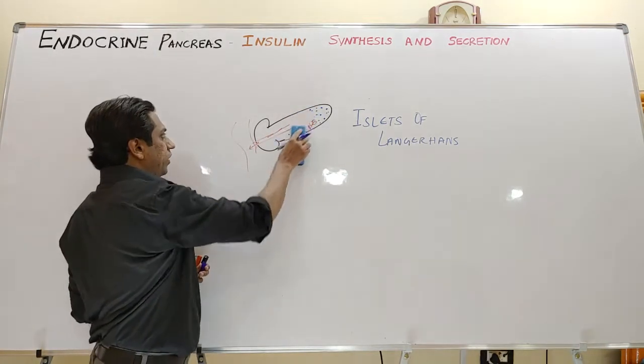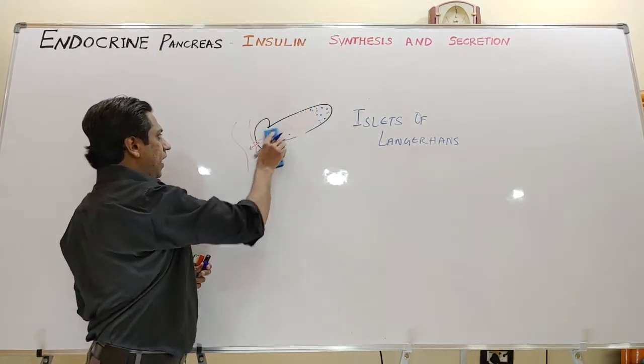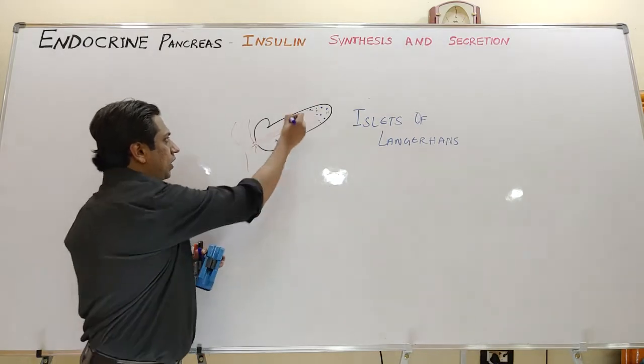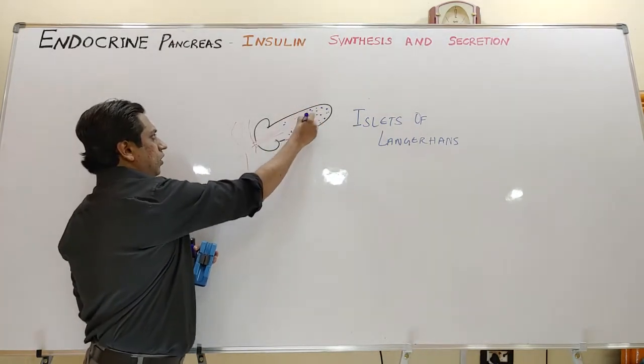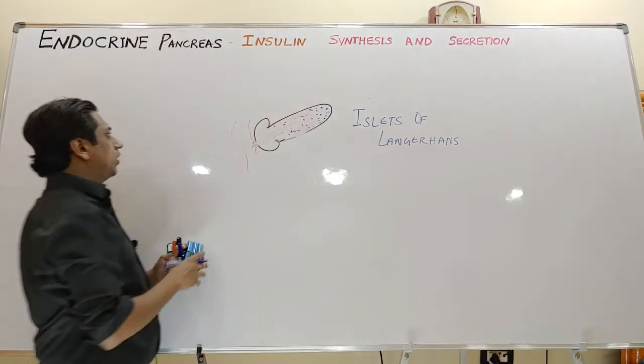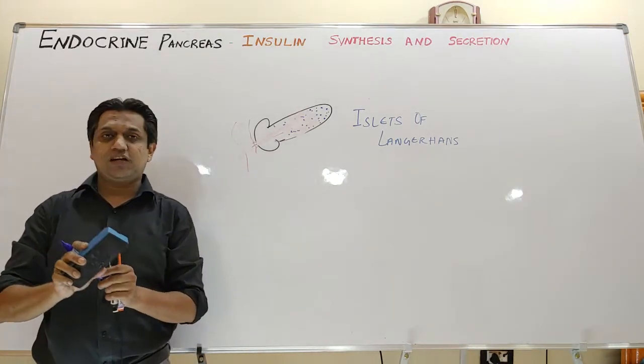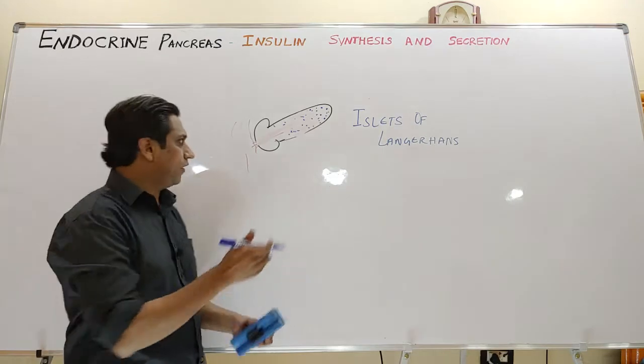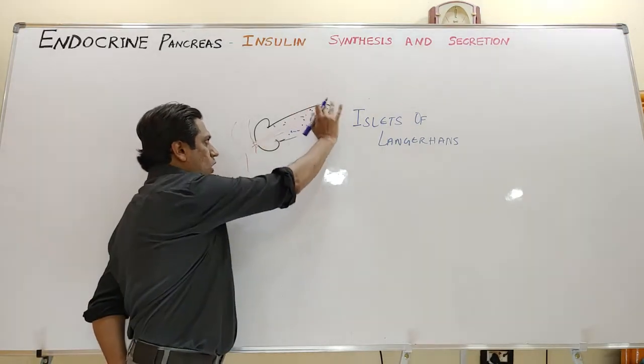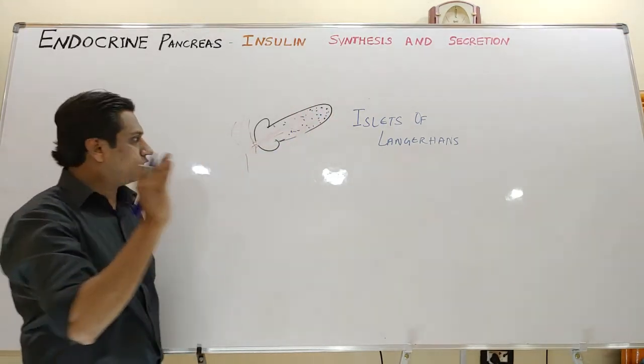Today we'll concentrate on this endocrine part rather than the exocrine part. The islets of Langerhans are mostly in the tail but scattered throughout the pancreas. Let's try to know the structure of the islets of Langerhans.